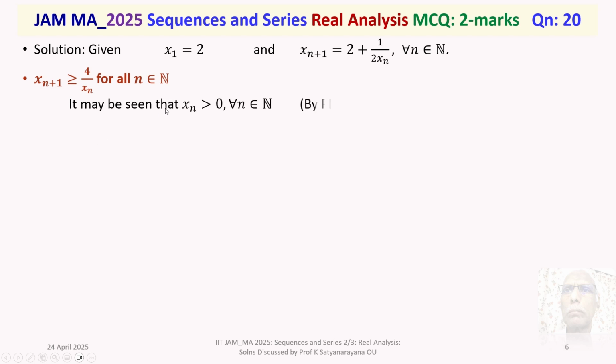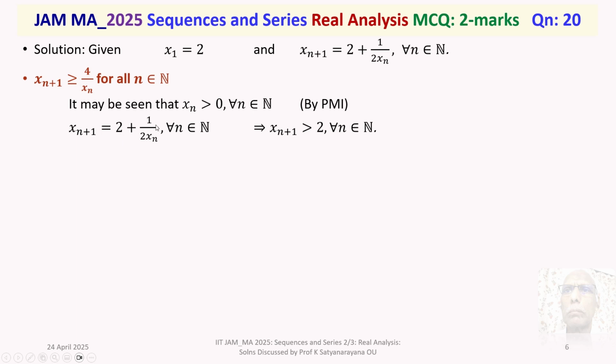Now, it may be seen that each term of the sequence is positive. x1 is positive and each xn is positive for all n belongs to N. We are given xn plus 1 is equal to 2 plus 1 by 2xn for all n belongs to N. That means xn plus 1 is greater than 2 for all n belongs to N because 1 by 2 times xn is positive.